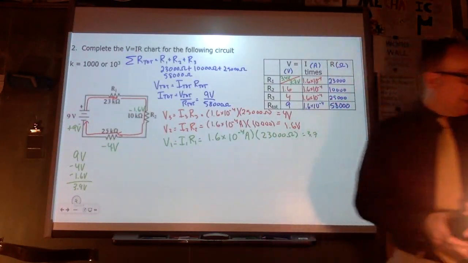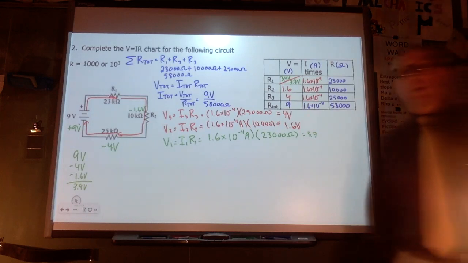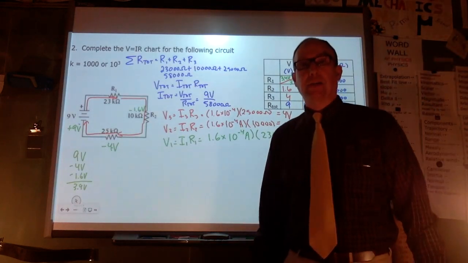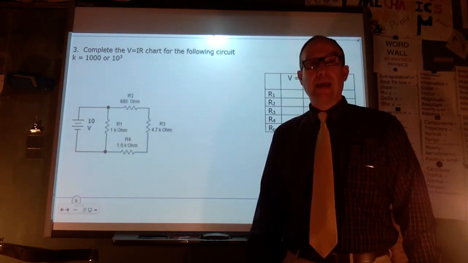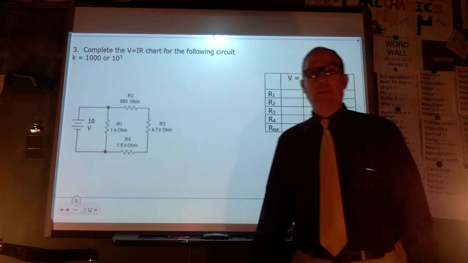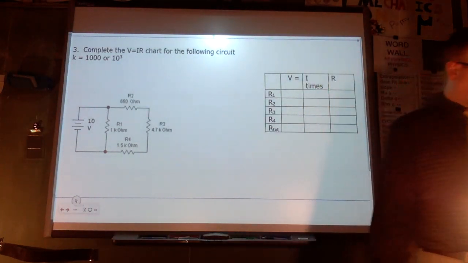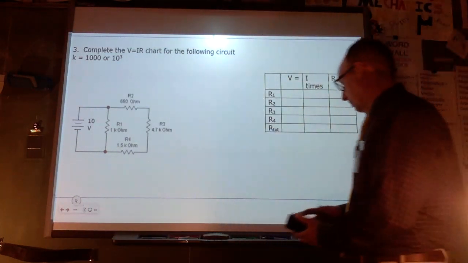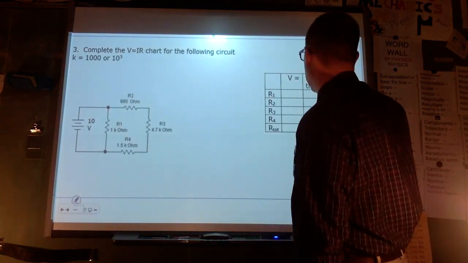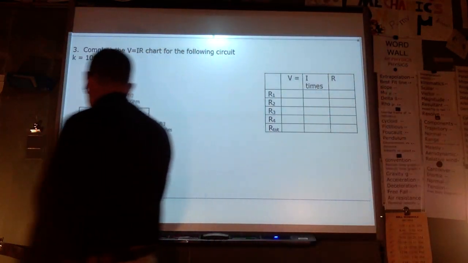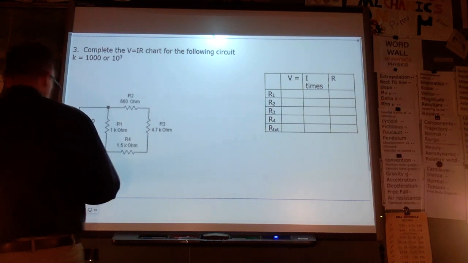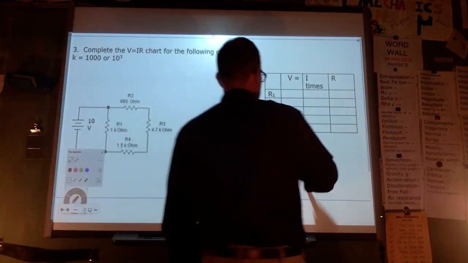All right, the last type of problem like this we could do would be a combination. So that's going to have series components and parallel components. So again, I'm going to fill in my chart with what I know. I know that I start with 10 volts.